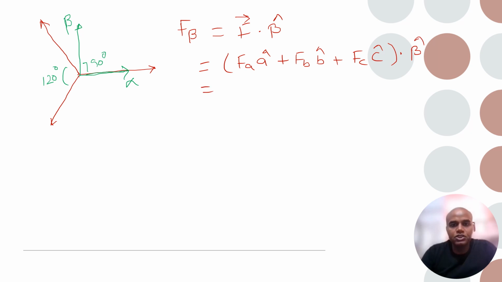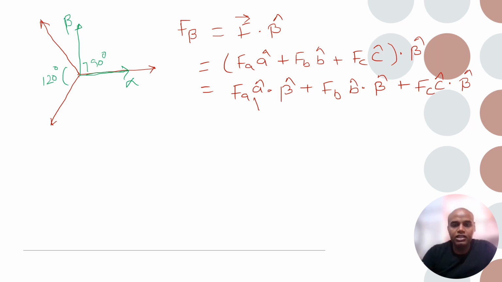So expanding the expression, we will get Fa a cap dot beta cap plus Fb b cap dot beta cap, and similarly Fc c cap dot beta cap.